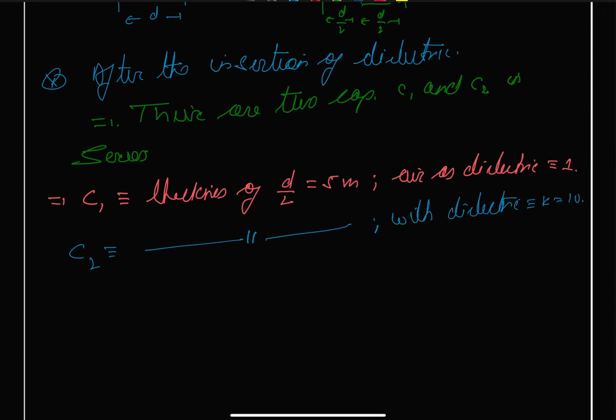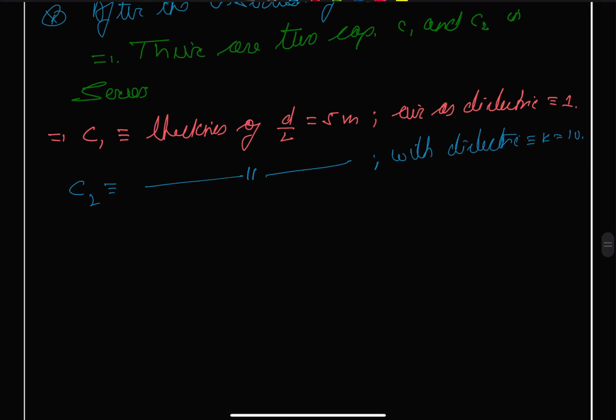So we can find the equivalent capacitance. Let us call it C equivalent. Then 1 upon C equivalent is equal to 1 upon C1 plus 1 upon C2.